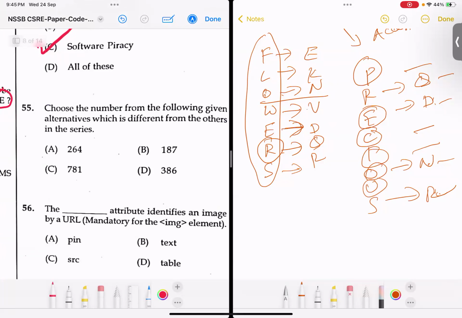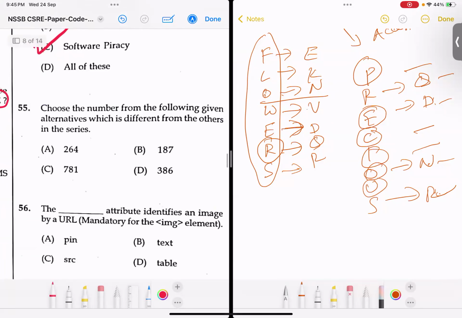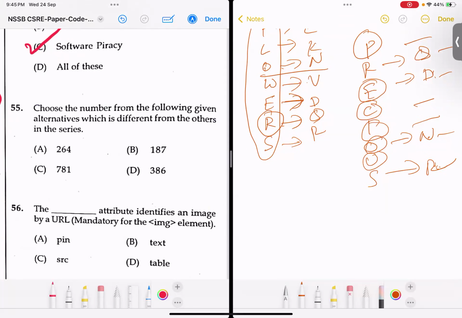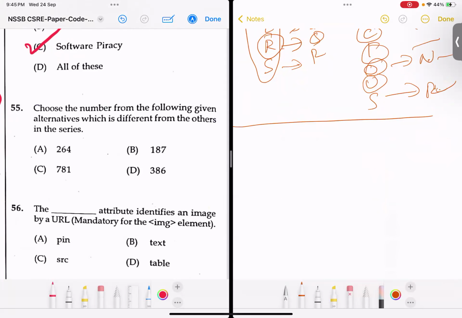Question number 55. Choose the number from the following given alternatives which is different from the others. So if you see here, there are four numbers given here. And these numbers are just random, right? Now we have to see how one is different from the rest, okay?